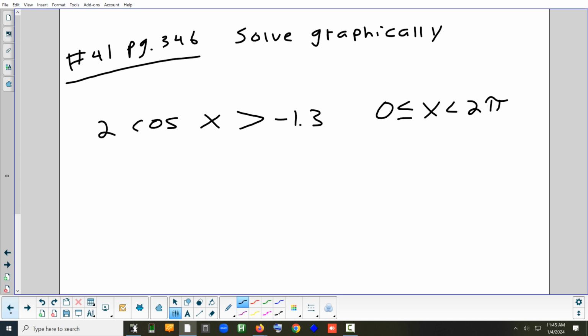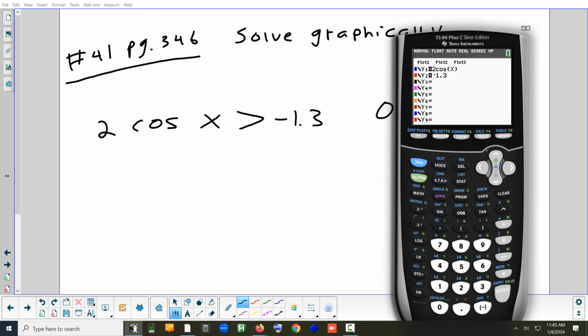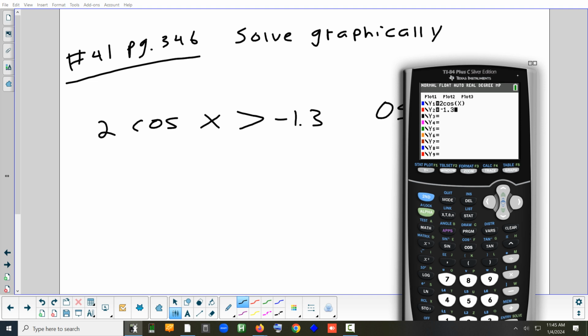All right, so let's graph it first and just see what we're looking at. So we get 2 cosine x and negative 1.3. Okay, x value is 0 to 2 pi, so we don't have to worry about changing the window for the x's.